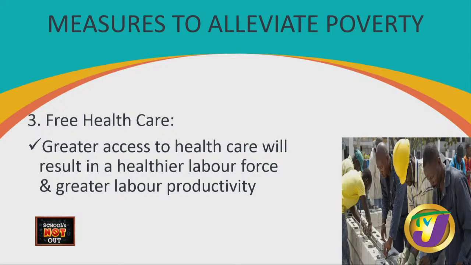But if you have access to health care, you can make sure that your blood pressure is in check, you're eating right, your nutrition level is up, and you will be able to work and be productive. And your company will see you as an asset and not a burden.